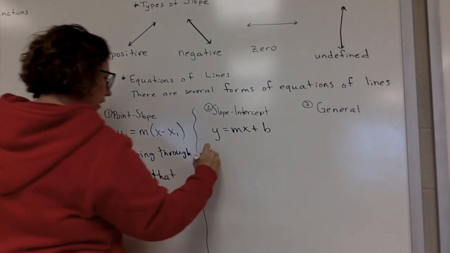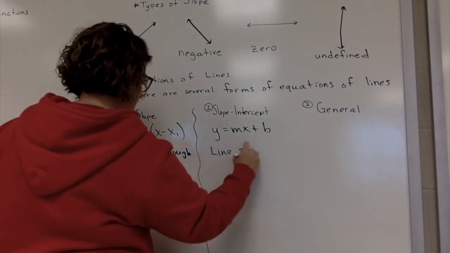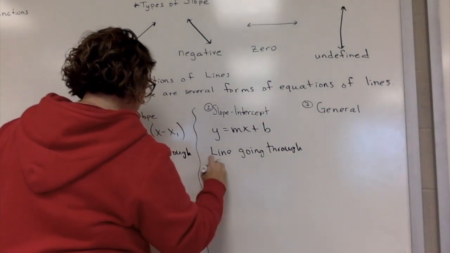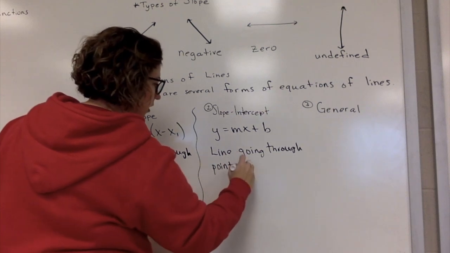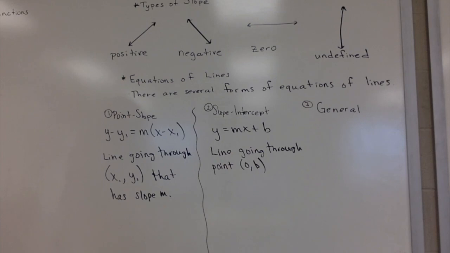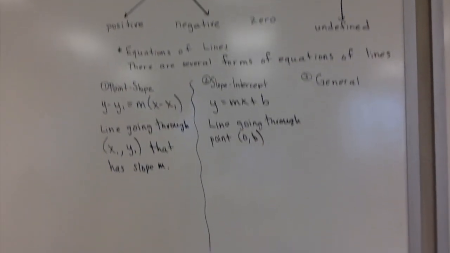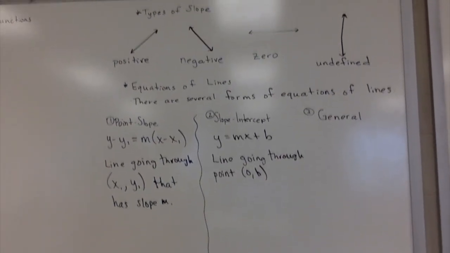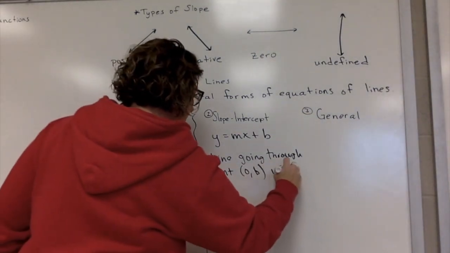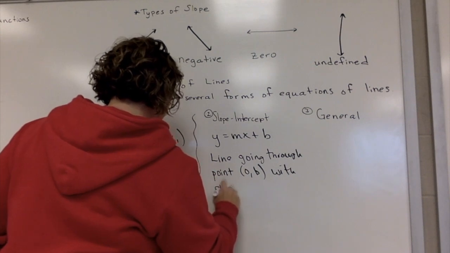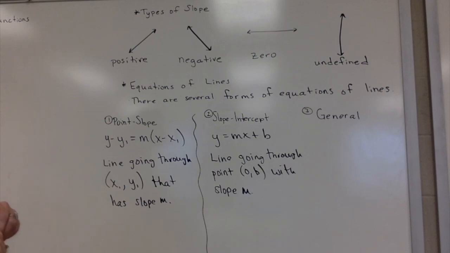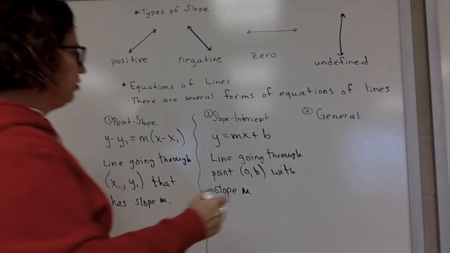This is a line going through point (0, b), so that's a y-intercept, has an x value of 0 and some sort of b value there, or y value, with slope m. Okay, and so that's our slope-intercept form.